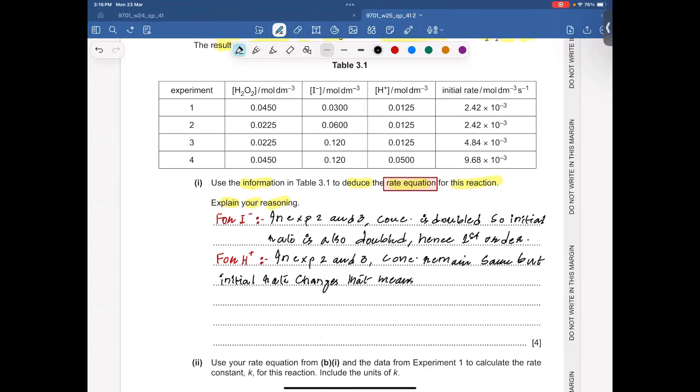That means the rate doesn't depend on the concentration of hydrogen ion.